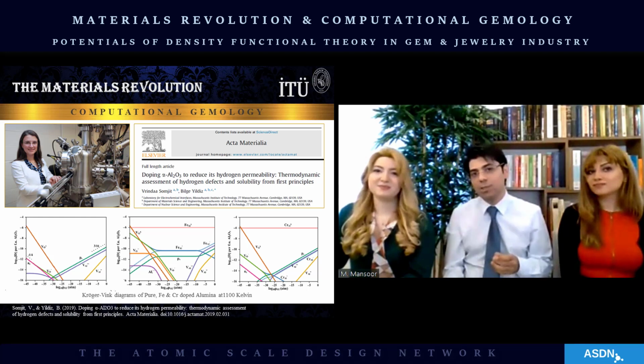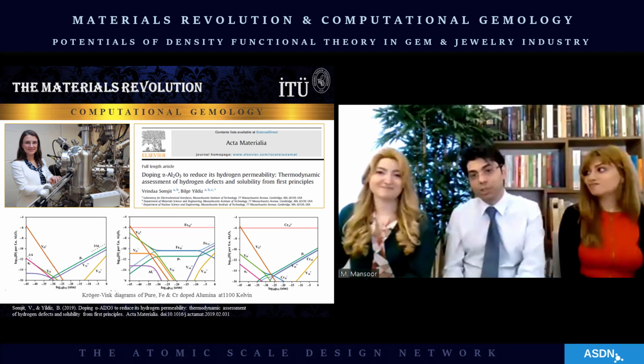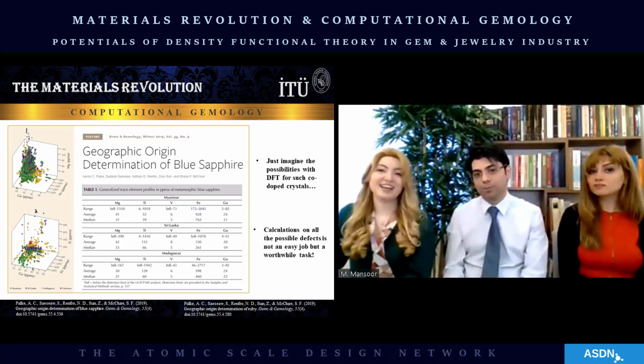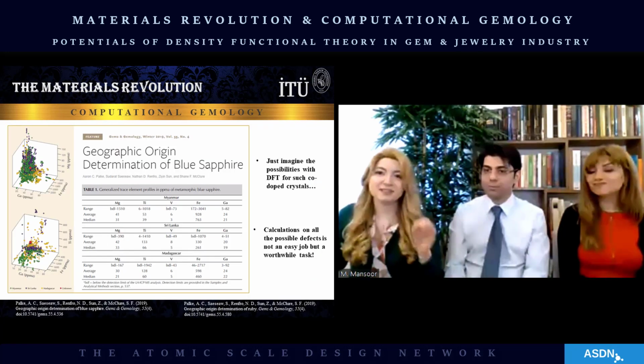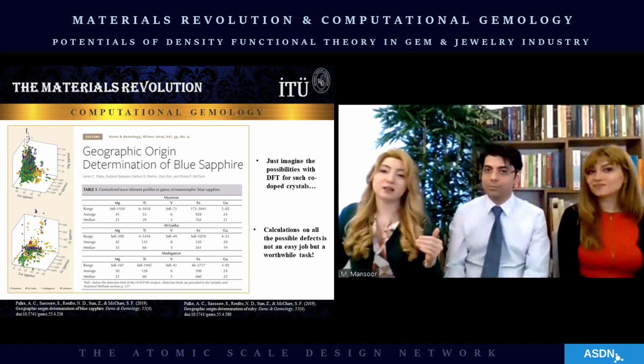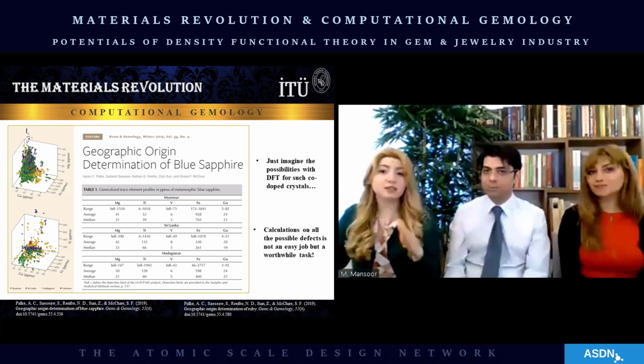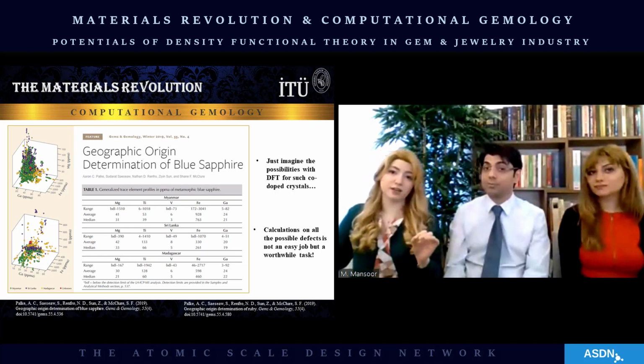And there is absolutely no reason to believe that this sort of work cannot be done for the gem and jewelry industry. In fact, now seems to be the best time to start doing these calculations on natural rubies and sapphires, because Dr. Palki's team at GIA has mapped out the trace chemistry of sapphires very well.